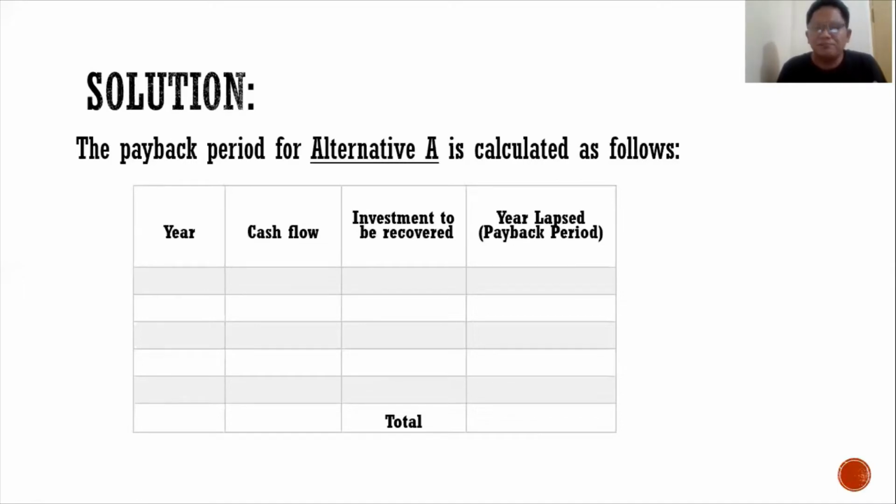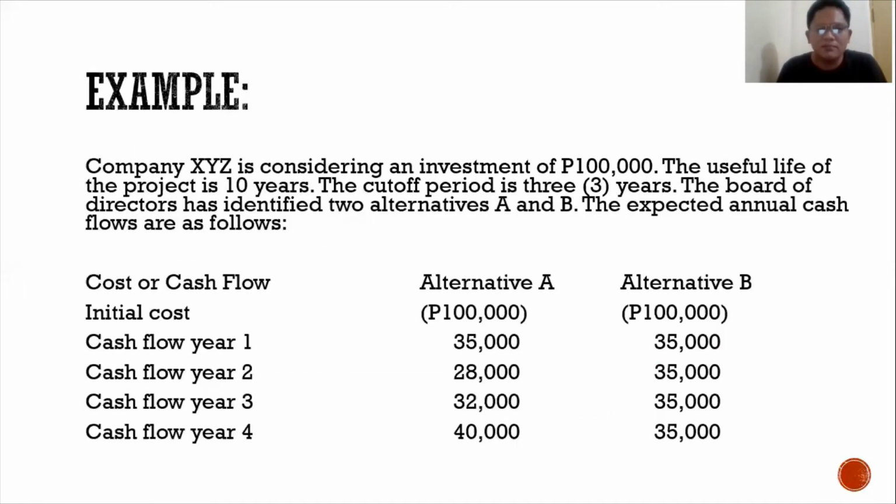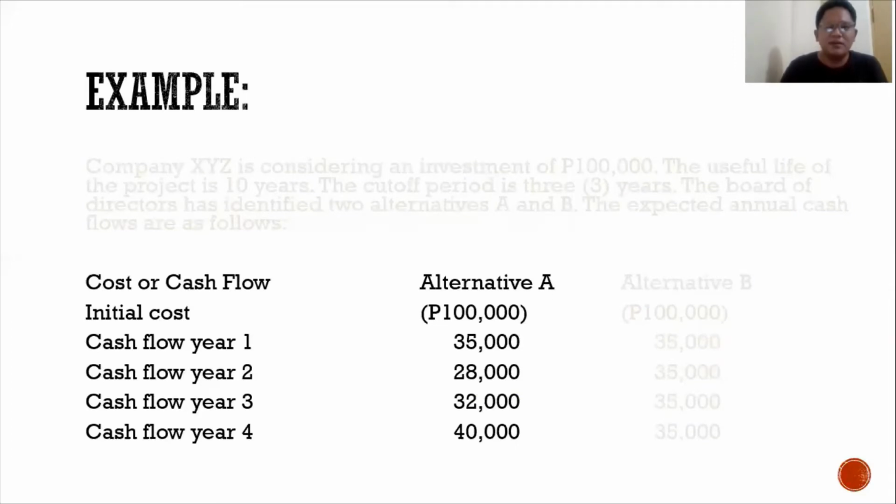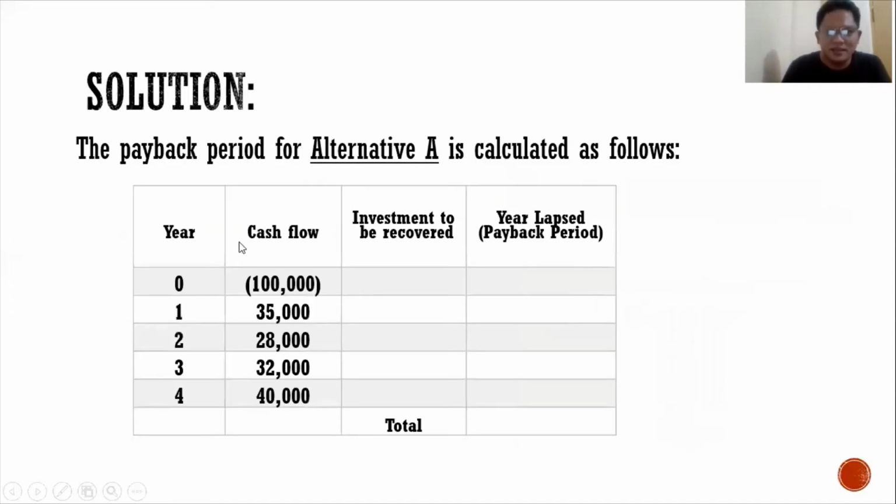What we will do is copy the year and cash flows from our problem. Remember our problem where we have the cash flow year and the year-end amount of expected cash flow under alternative A. We copy from year 0, the beginning, where you finance the project, then 1, 2, 3, 4 as given in the problem, and copy these figures.